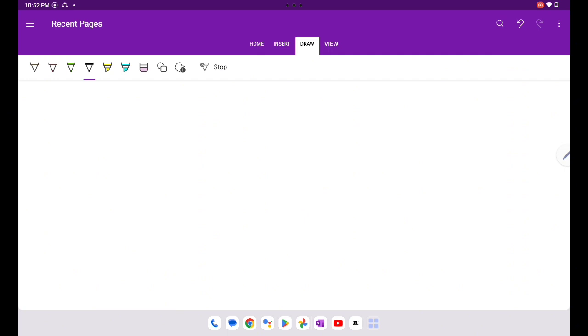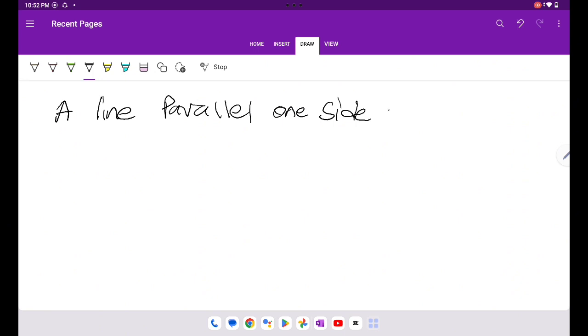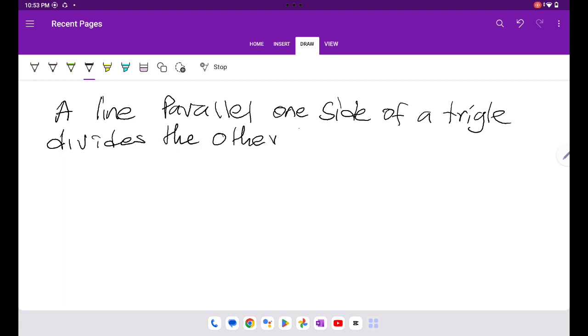The theorem states that a line parallel to one side of a triangle divides the other two sides proportionally. In other words, in the same proportion.